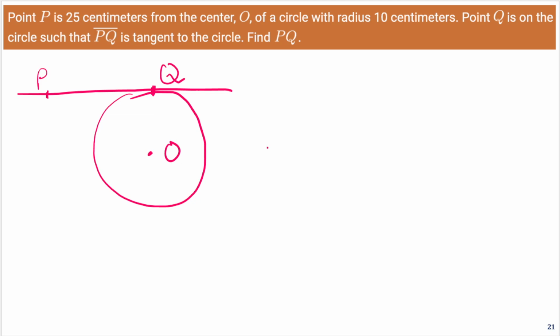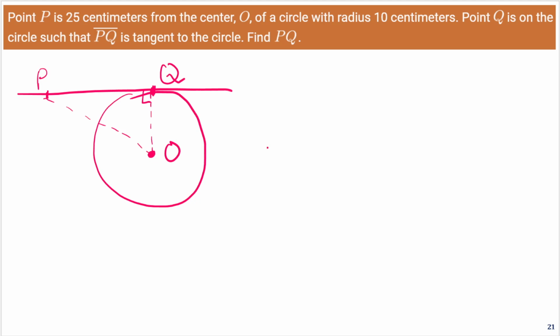Again, let me lead you through this. We can start by drawing a radius, because once you have a line tangent to a circle, usually we'll want to make use of some perpendicular lines, right? If PQ is tangent to that circle, we know that QO is the radius, and then this angle here must be 90 degrees, right? Then we could connect PO, that gives us a right triangle.